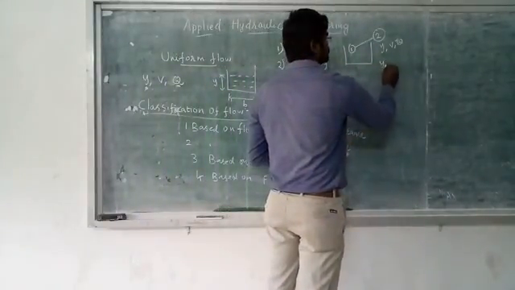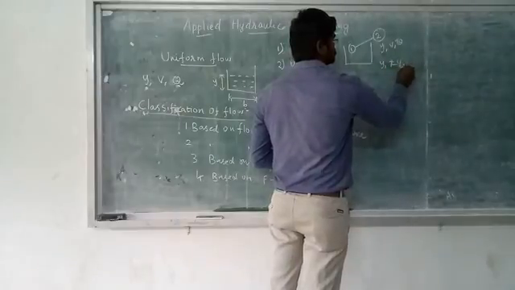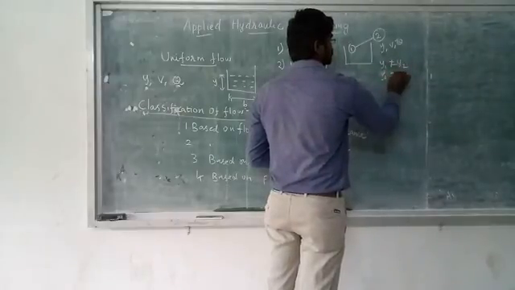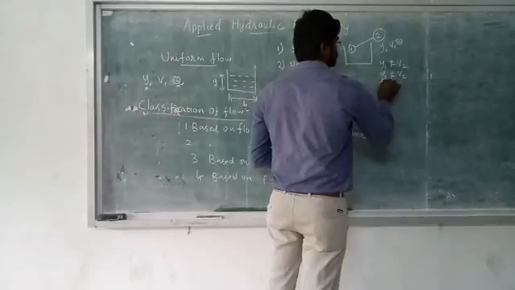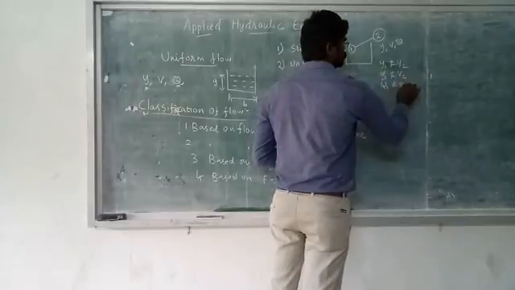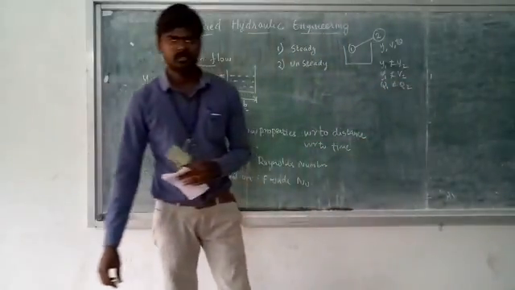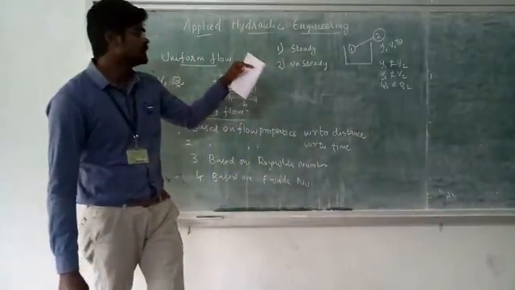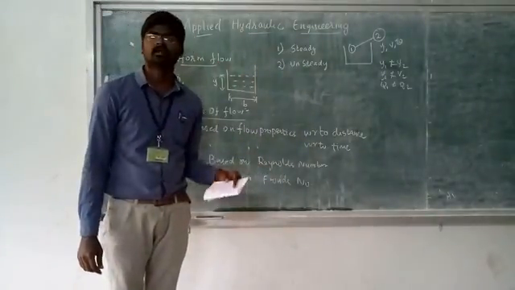Whereas if Y1 is not equal to Y2, velocity V1 is not equal to V2, and Q1 is not equal to Q2, we call it an unsteady flow. This is the elaboration of steady flow and unsteady flow.